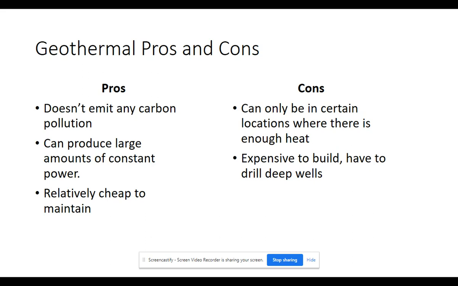So it's also something we don't use very much. Especially in the United States, it's kind of a new thing, so it's not something that's really caught on. There might be reasons that I don't understand for why we haven't done that, but they're just not as common. Building a natural gas plant is much cheaper now than a geothermal one.